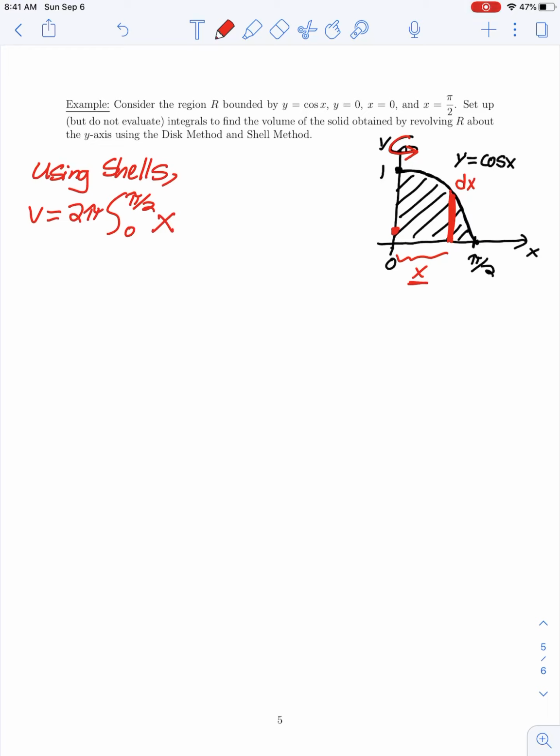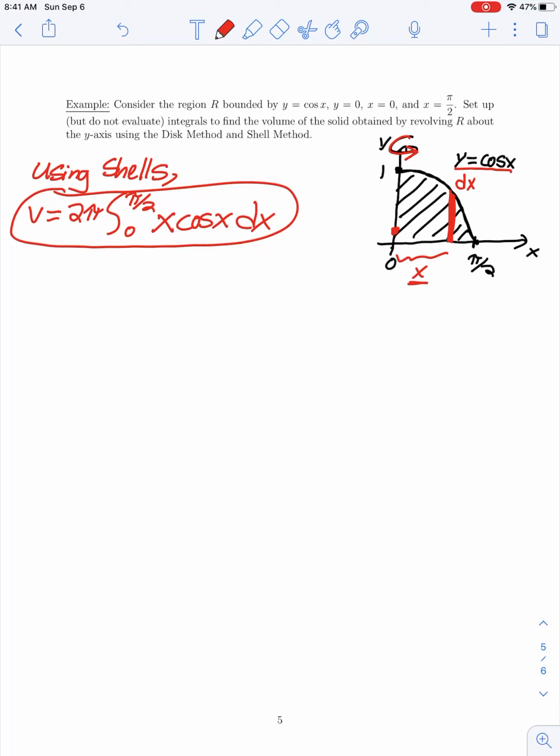And the height of our cylinder is given by the height of our curve, y equals cosine of x, times the thickness of our cylinder, which is what we were calling dx. So this integral would give us the volume of that solid of revolution using the shell method.